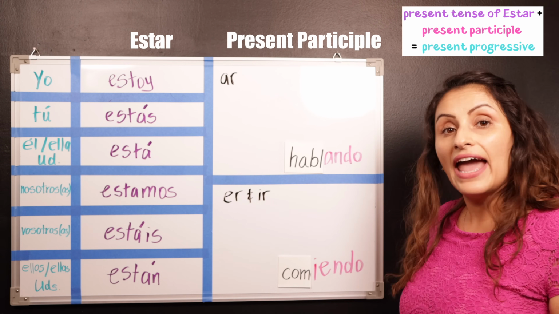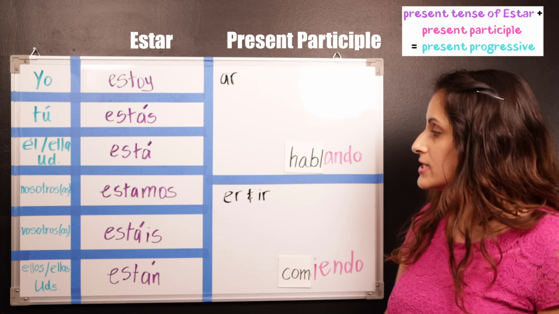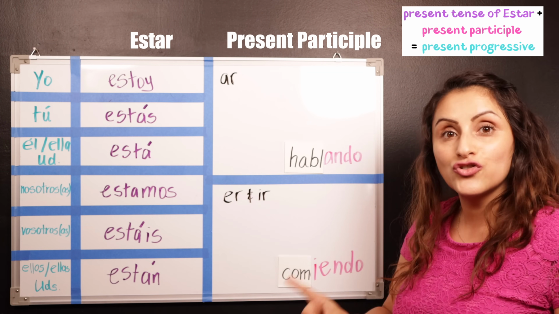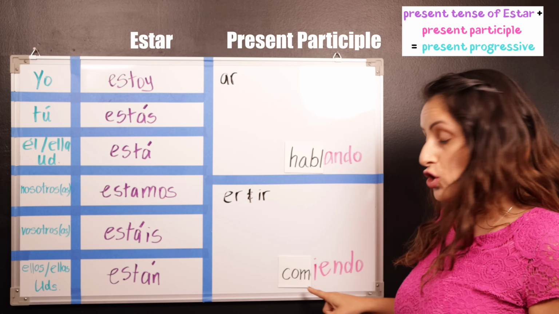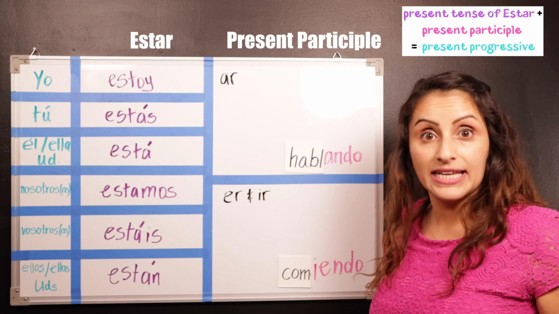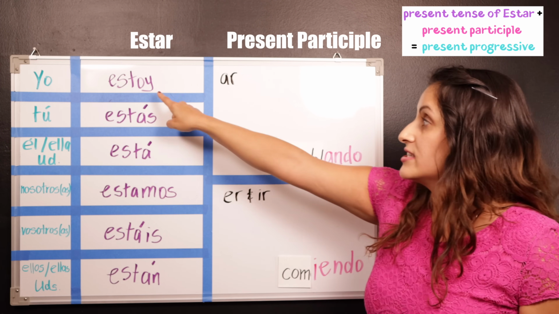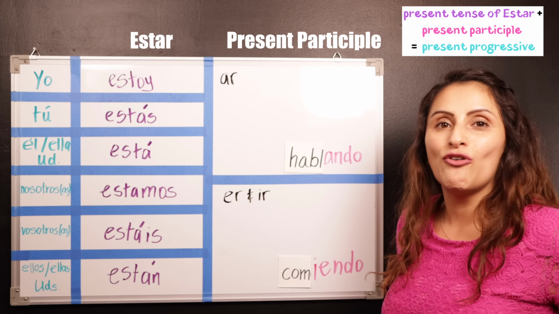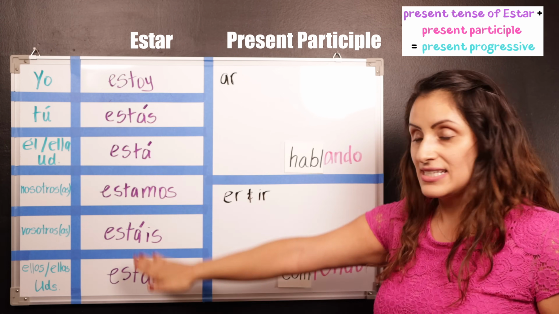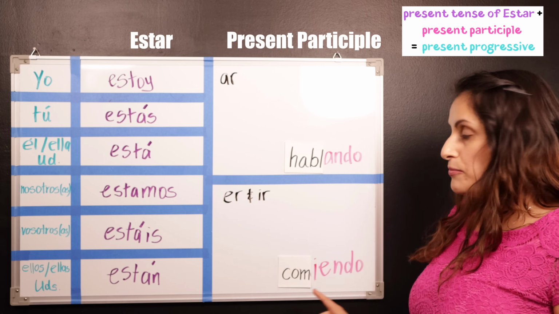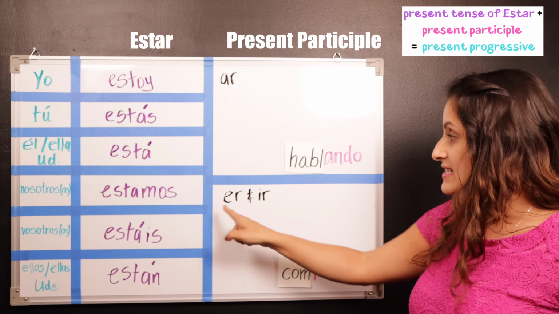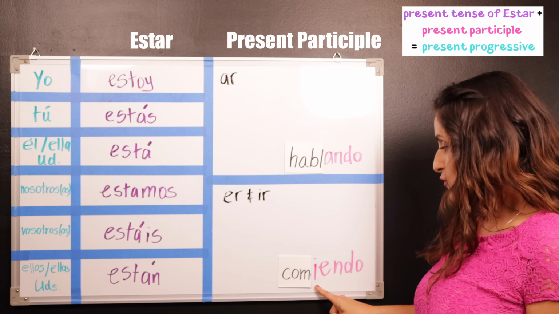So we would say, nosotros estamos comiendo. We are eating. Yo estoy comiendo. That's again how you form the present progressive. Present tense of estar, and then the present participle. If it's an AR, you use ando. If it's an ER or an IR, you use yendo.